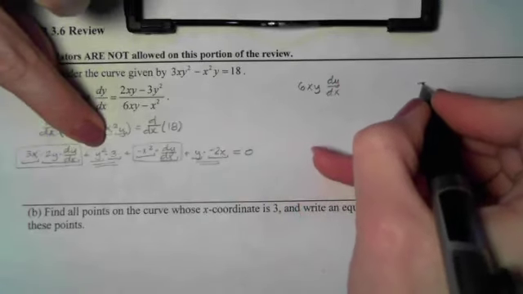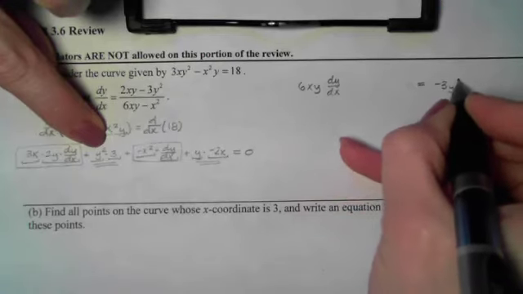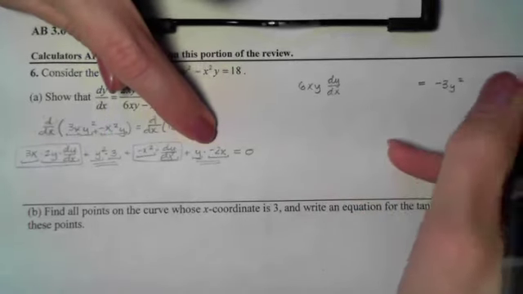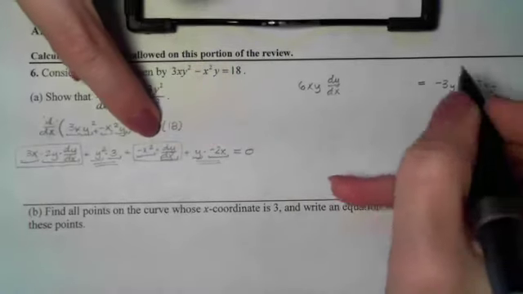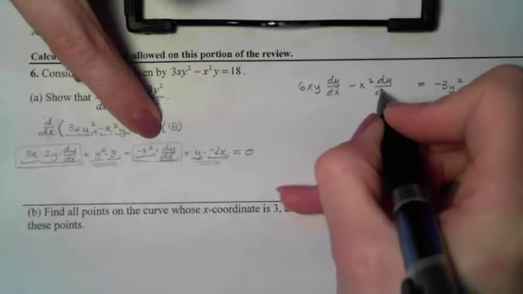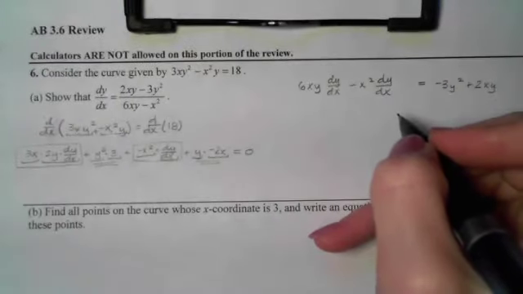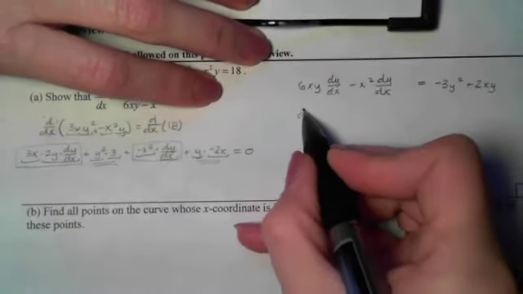And then that y cubed, or y squared times 3, will need to go to the other side. The negative 2xy will go to the other side, and we'll be left with the negative x squared on this side because it has a dy/dx in it. Our next step is to factor out that dy/dx.